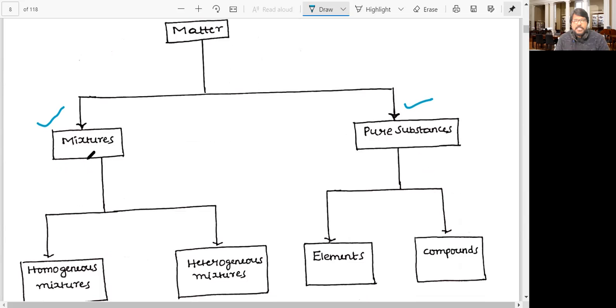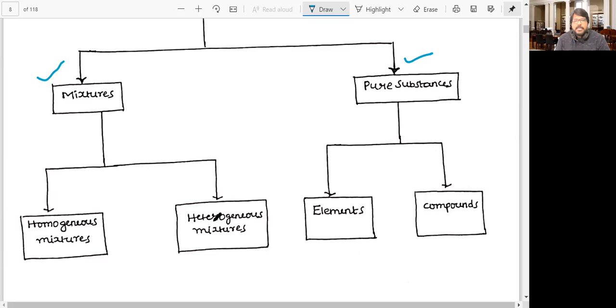And of course, these mixtures are further classified into two types: homogeneous mixture and heterogeneous mixture. Homogeneous mixture means the components of that mixture mix completely. That means you cannot separate the components from the homogeneous mixture easily.